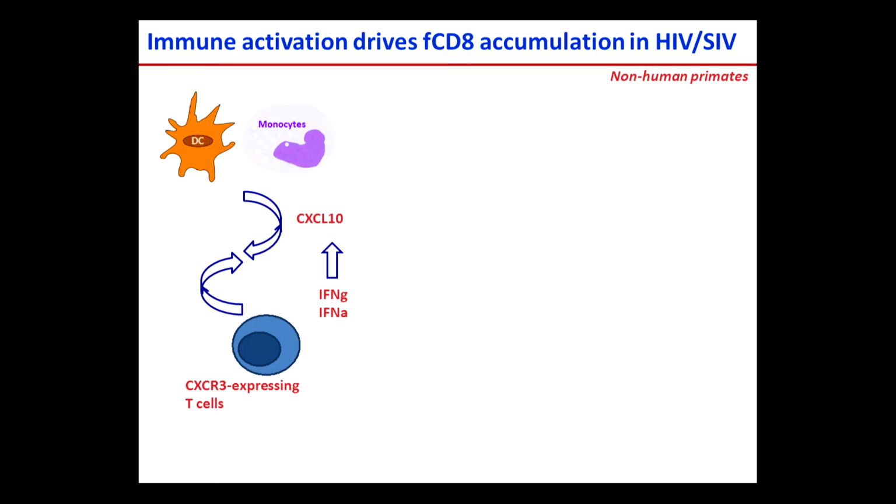That is a ligand for CXCR3, and CXCR3 expressing T cells will follow a CXCL10 gradient. We know that from either interferon gamma or interferon alpha expression, you will get monocytes to express CXCL10.